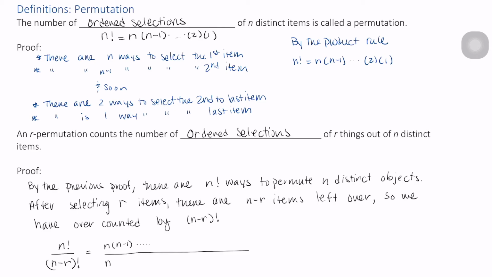In our denominator, we have n minus r times n minus r minus 1 all the way to the second and last item and the last item. What do we have in our numerator? Well, in our numerator, at some point, we're going to get to the last item and the second to last item. But before that, we should get to n minus r.